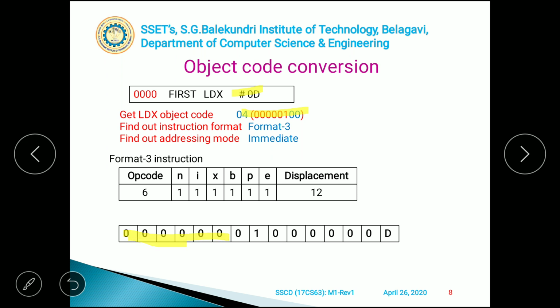You can check it up to these 7 bits, and the last i bit we have set as 1. So in this case, the i bit is set to 1. And then the other 4 bits, that is x, b, p, e, are all set as 0.